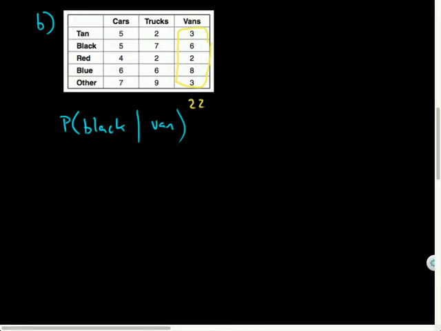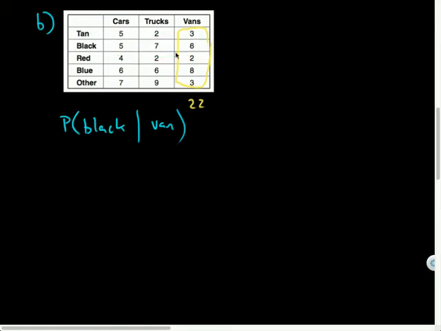And now I want to figure out what is the probability that it's black. Now, would I want to add up all of these and do 5, 7 plus 6? I'd get 12, 18, and do 18 over 22. I saw some head shakes. No, and why wouldn't I do that? Because I'm not including trucks or cars, right?